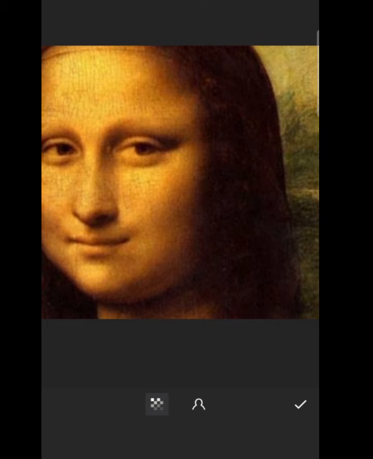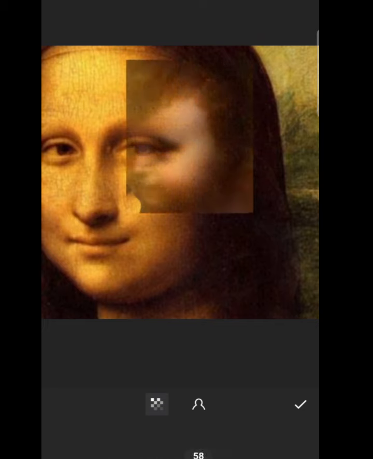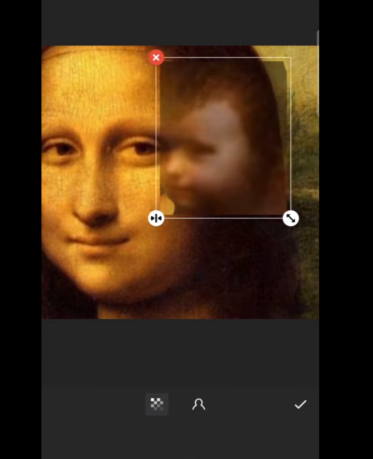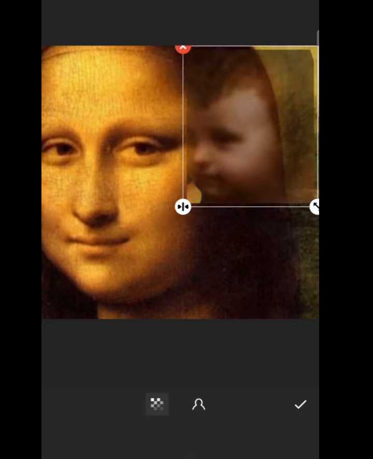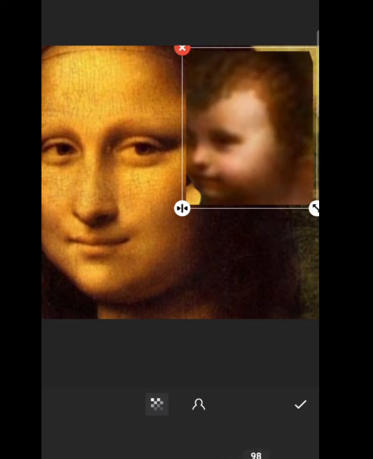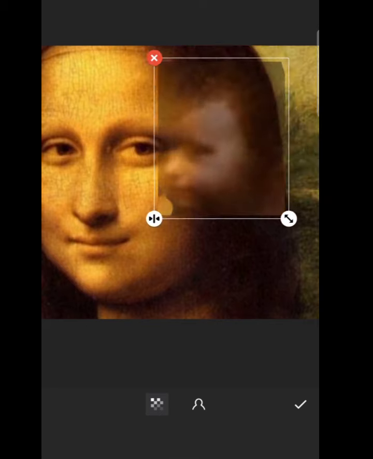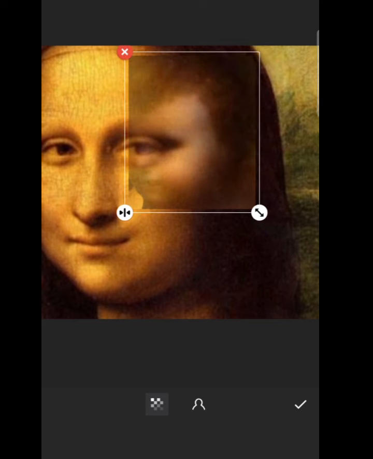Let me show you. Look at the dark of the eye, the mystery of the eye, and how that dark eye of the baby connects and fits in the eye of the Mona Lisa.